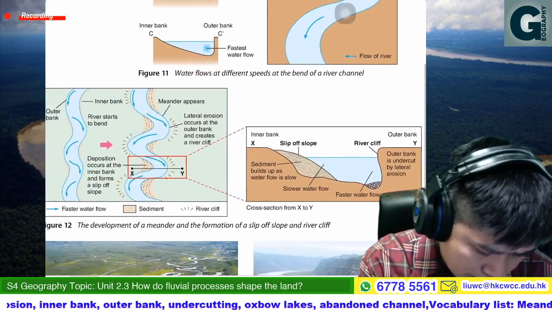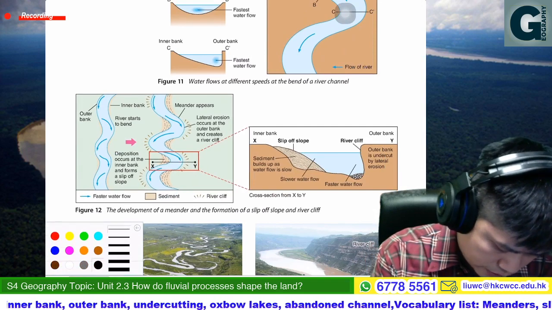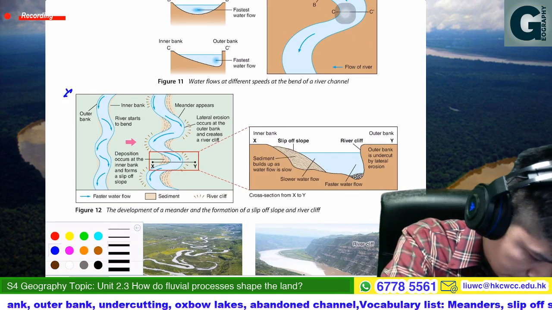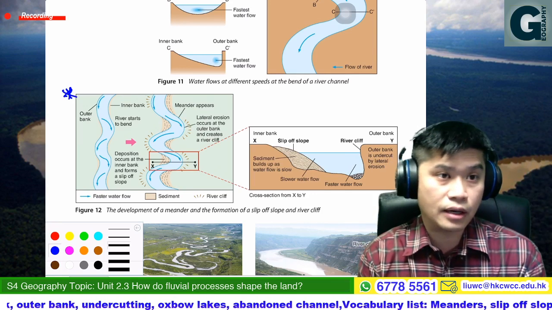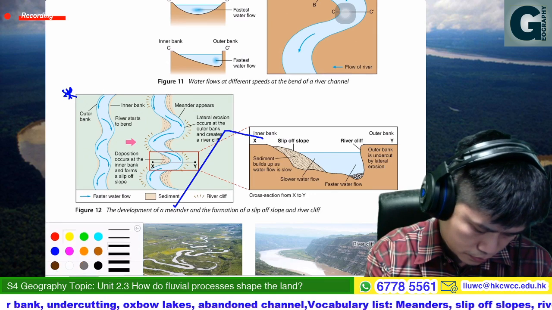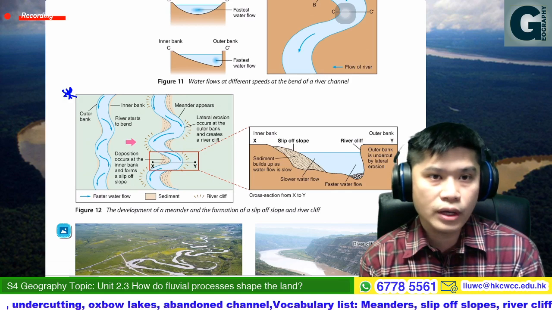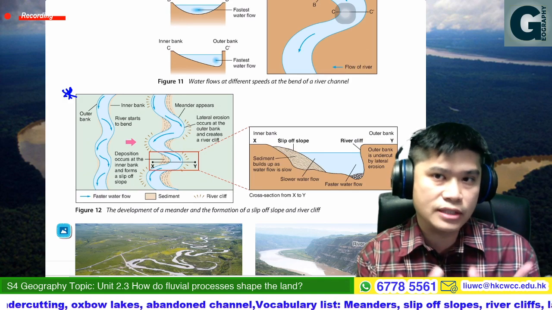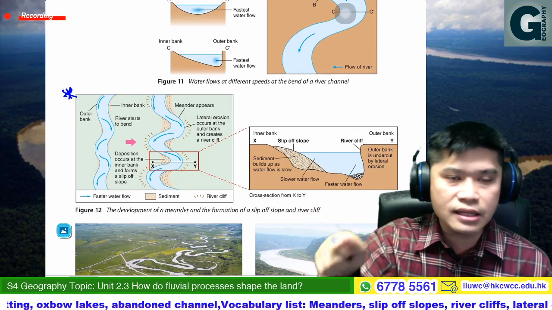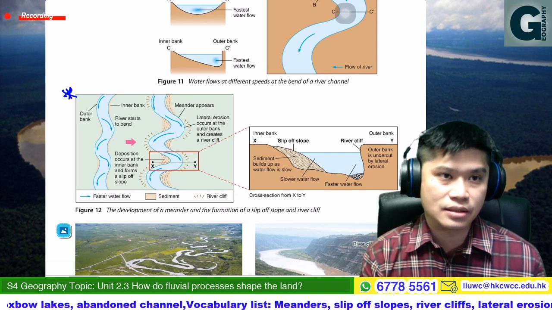So therefore, you can see that, especially for this, you have to highlight this figure, figure 12. Actually, that shows how the river transforms from a straight course to the winding section, or how the river bends.